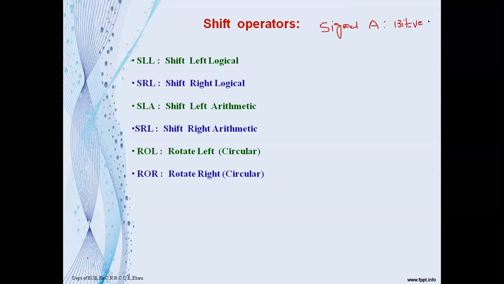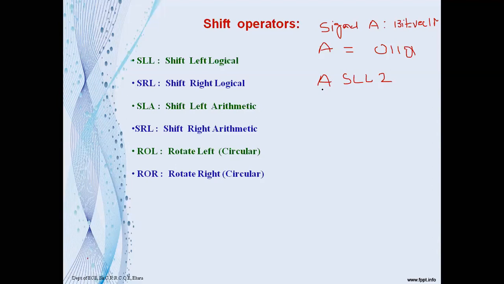And assume that the value of A is 0, 1, 1, 0, 1. Now how can you assign this operator in VHDL? You can assign it in this way: A SLL with an integer. A SLL 2.